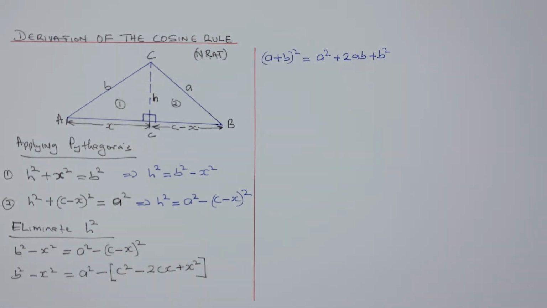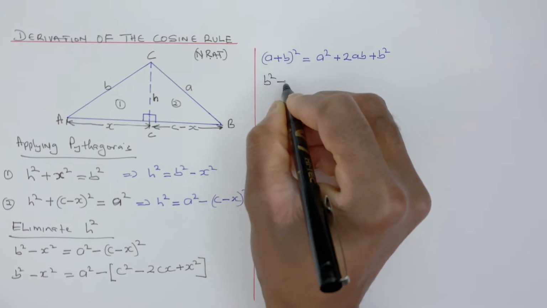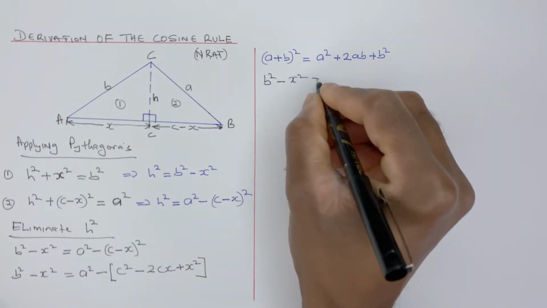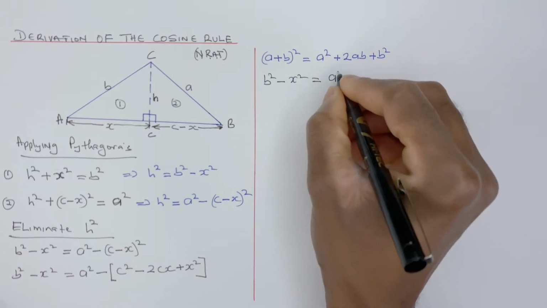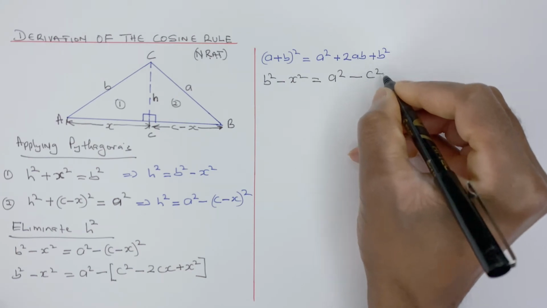Right, so let's carry on with the expansion. We get b squared minus x squared equals a squared minus, because there's a minus here, you have to multiply everything by minus 1. Minus 1 times c squared is minus c squared.